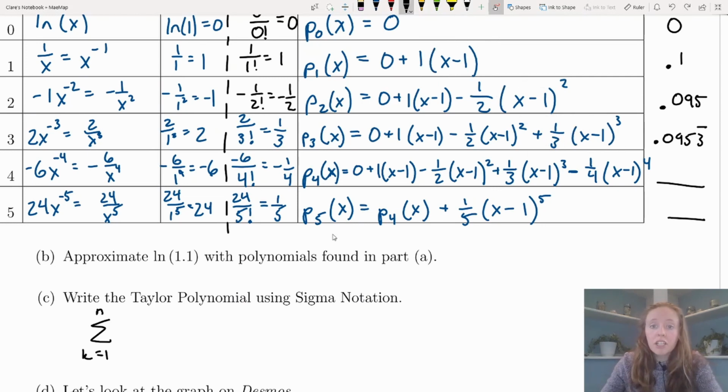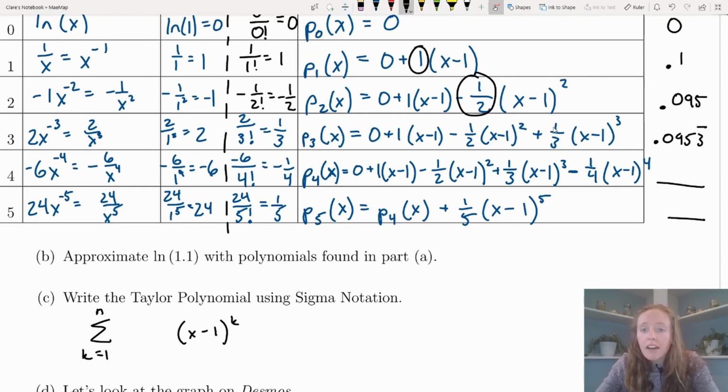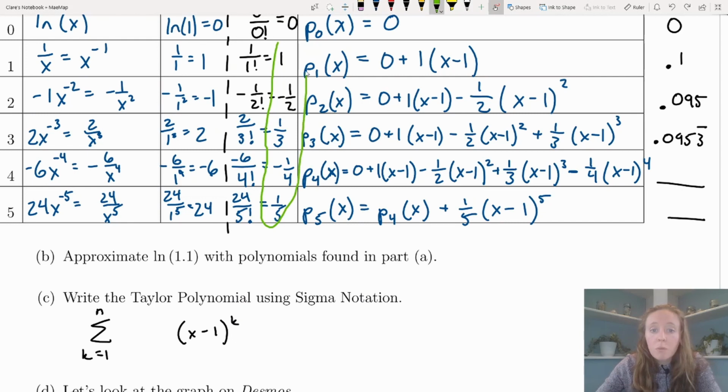So every term has an x minus 1 to the k. Now, the only other thing that this term has is our c sub k component. So 1, -1/2, 1/3, -1/4, 1/5, and then I can assume the next term would be -1/6, and so on. So it might be actually easier to look at those in this column here. 1, -1/2, 1/3, -1/4, and 1/5.